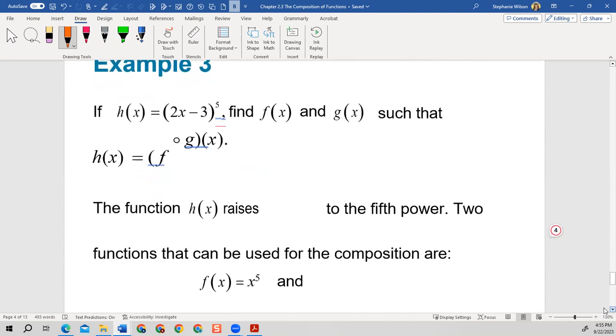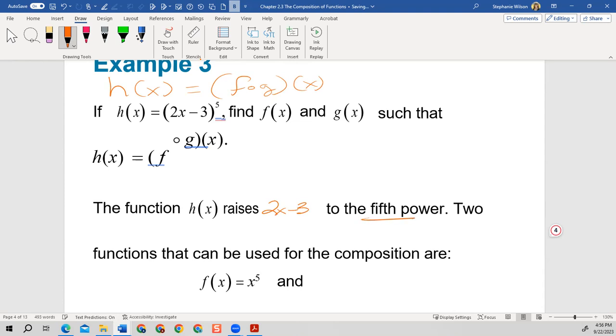All right. So example 3 says we got a function called h of x, which is equal to 2x minus 3 all to the 5th. And we're going to find f of x and g of x, okay? And this here is basically saying we're going to take h of x, we're going to set it equal to f of g of x, okay? So when we look at it, the h of x raises the 2x minus 3 to the 5th power, correct?